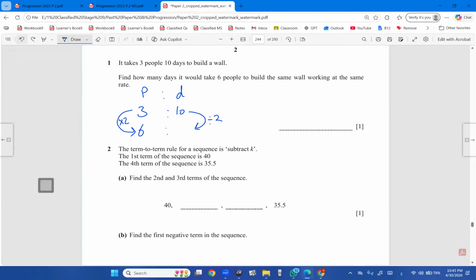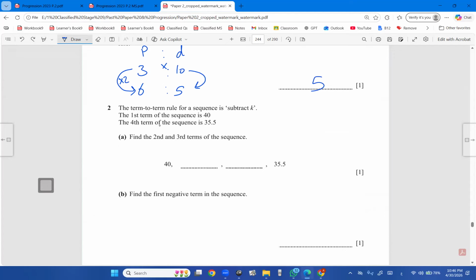Only inverse proportion. The term-to-term rule for a sequence is subtract k. The first term of the sequence is 40. The fourth term of the sequence is 35.5. Find the second and the third terms of the sequence. So you're subtracting something, then subtracting another thing, then subtracting this, until you reach 35.5.